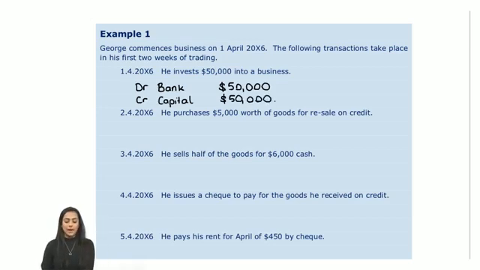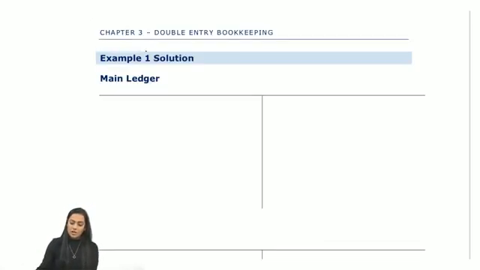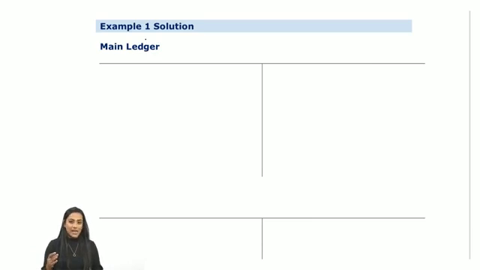$50,000. Okay? So what we are going to do then, we are going to open up a T account for bank and capital. So on the next couple of pages, you will have very empty T accounts, and we're going to fill in these ourselves. So we'll have one account for bank and one account for capital.